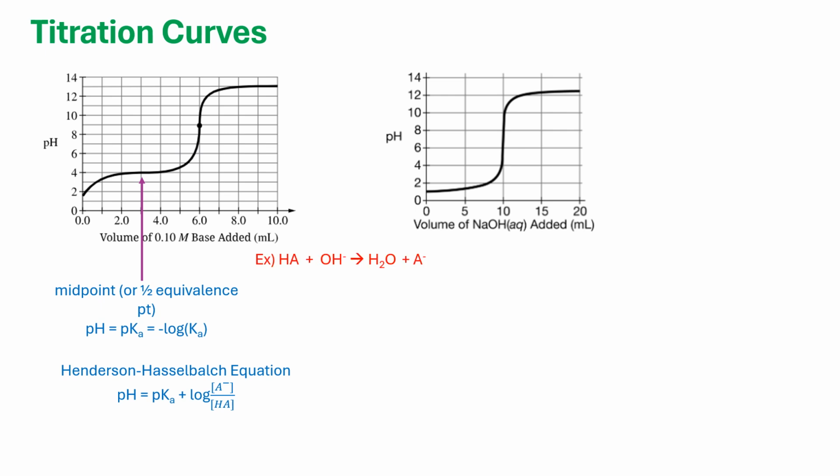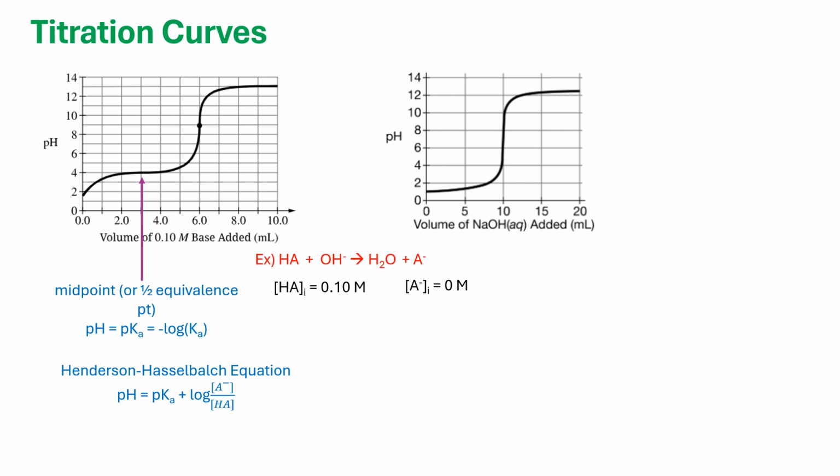So if you think about this, if we go back to our original equation, this is the weak acid and the hydroxide, the strong base. The initial concentration of the weak acid, let's just say 0.10 molar. And the initial concentration of its conjugate, of course, would be 0.